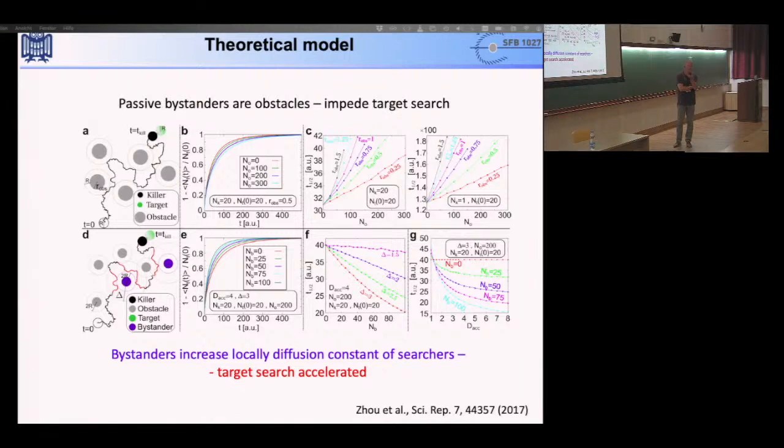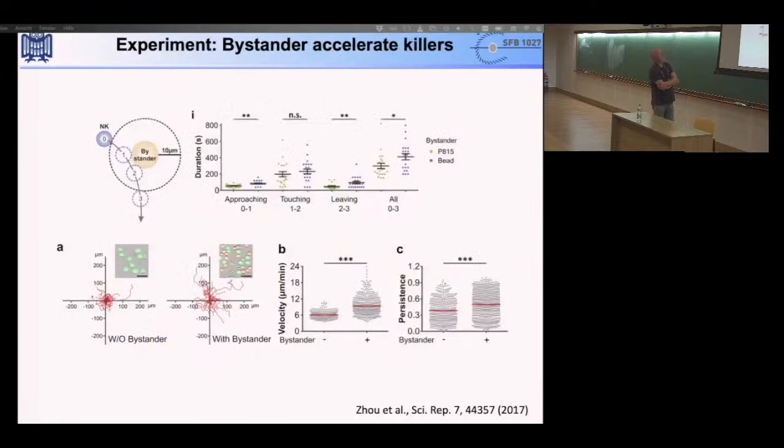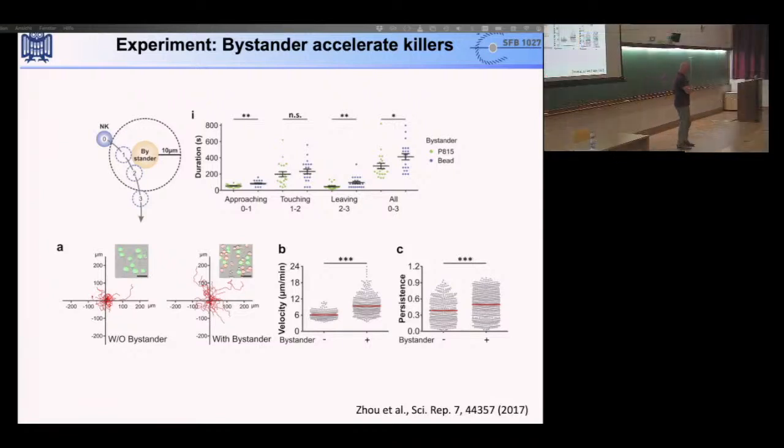Then we went back to our experimental colleagues and said, okay, this must be, please check. And that is what they have done. They looked closer at their movies, defined the region around each bystander, and actually observed exactly what I just said.